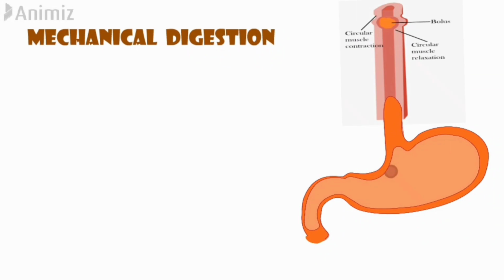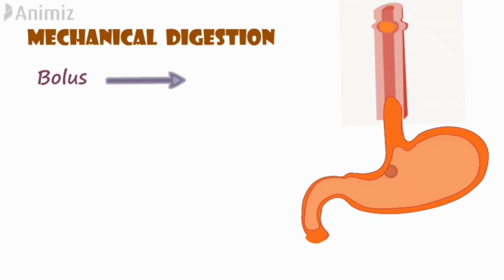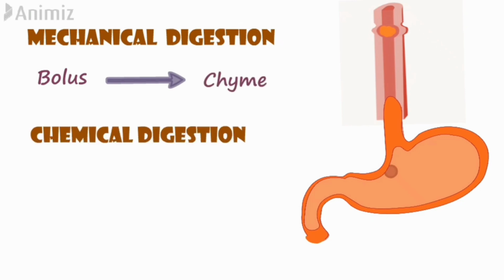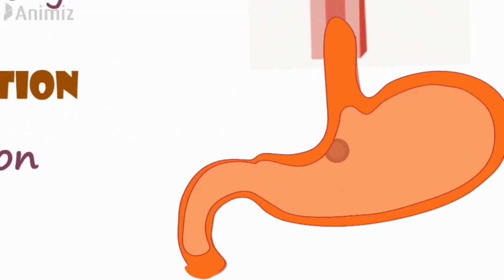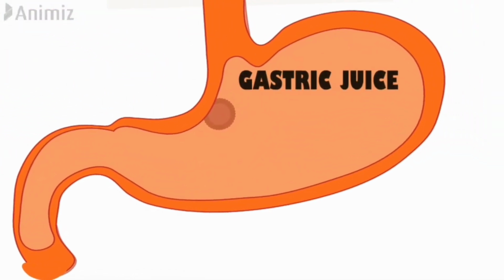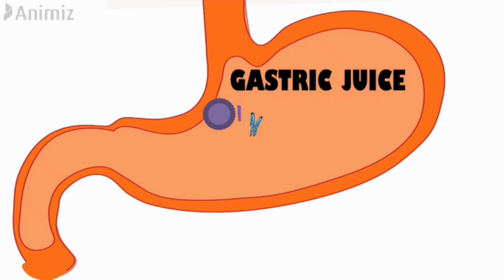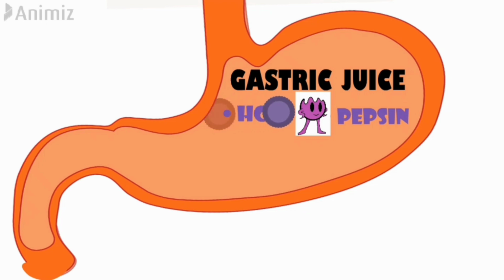The stomach performs several functions such as mechanical and chemical digestion. Due to the peristaltic activity, the bolus is reduced into chyme. The principal chemical activity of the stomach is to begin the digestion of protein by the enzymes present in the gastric juice. Gastric juice contains mainly an acid, HCl, and an enzyme, pepsin.